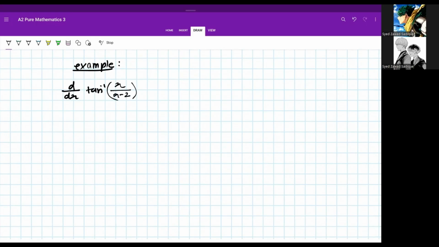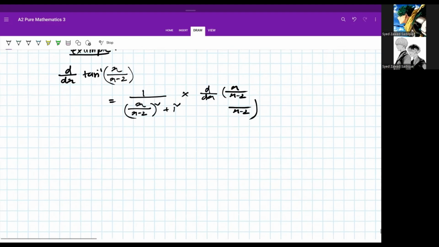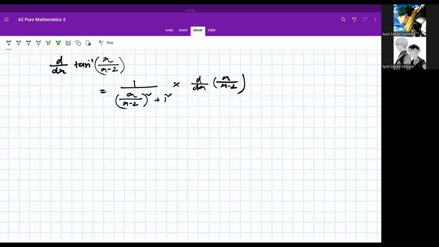Okay, that is equal to 1 by x minus 2 whole square plus 1, and then multiplied by the differentiation of x minus 2. Actually, why did I write it below? I should write it at the top.